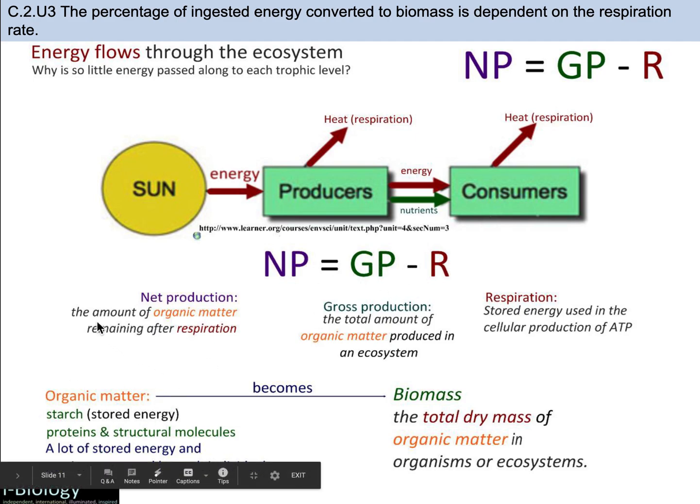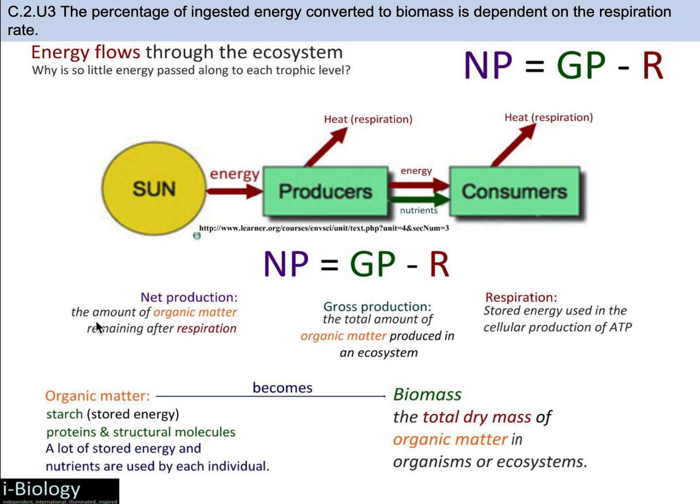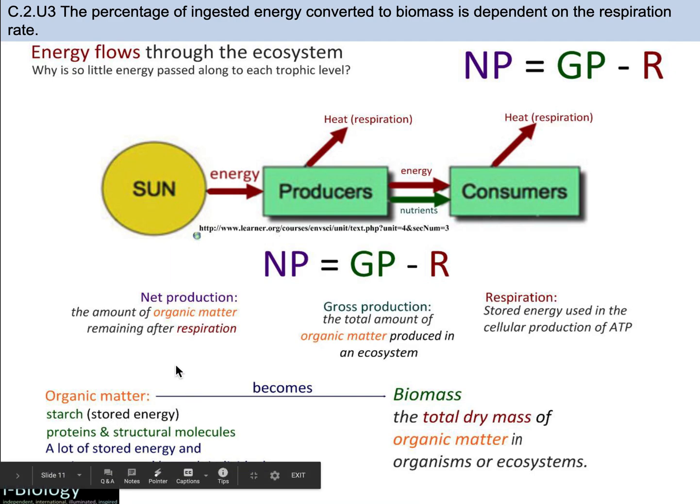The point of this is I want you to understand what's actually moving here, with net production and gross production. We're focusing on organic matter or nutrients, okay? Organic matter could be starch, stored energy, proteins, and structural molecules.